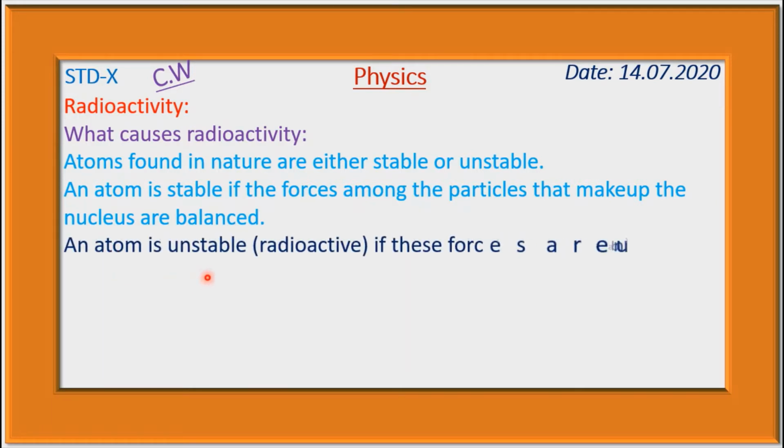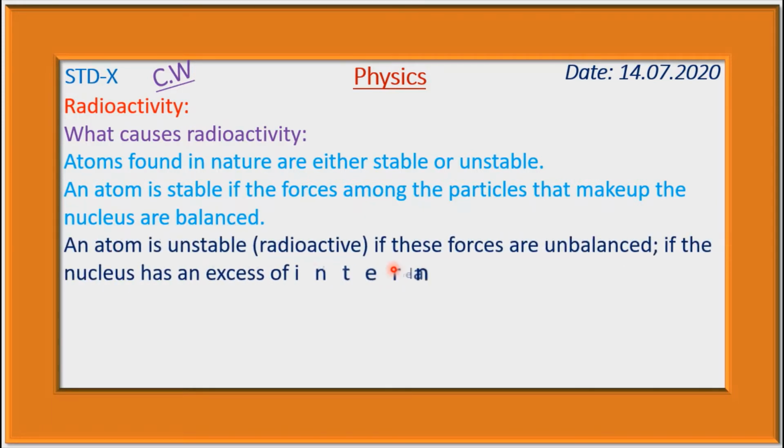An atom is unstable, that is radioactive, if these forces are unbalanced, if the nucleus has an excess of internal energy. That is, unstable atoms are radioactive atoms and stable atoms are non-radioactive atoms.